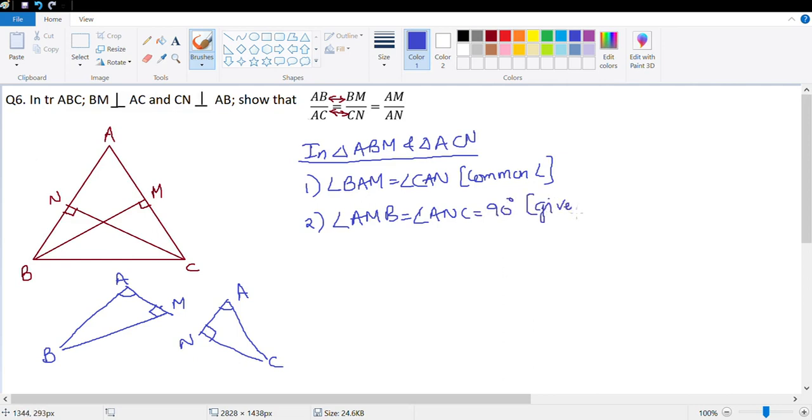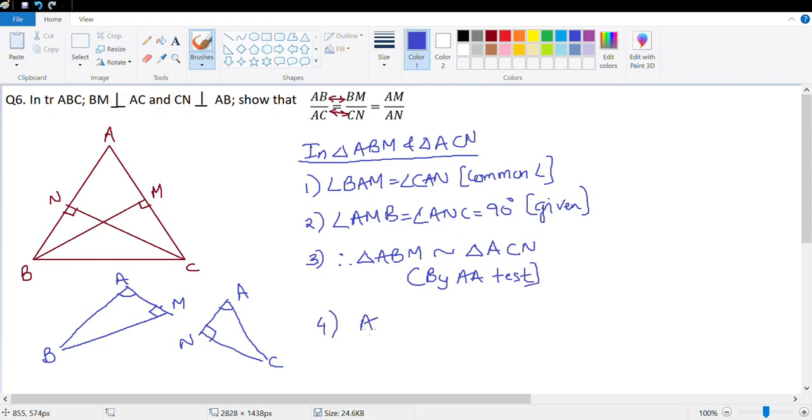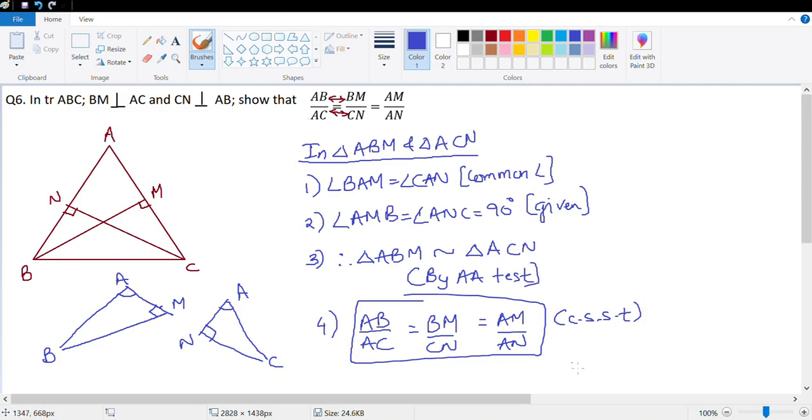So what we have is, therefore, triangle ABM is similar to triangle ACN by AA test. So what we get by CSST will be AB upon AC is equal to BM upon CN is equal to AM upon AN. This is CSST, and that's exactly what they wanted us to prove. So hence proved. Fairly simple questions till now.